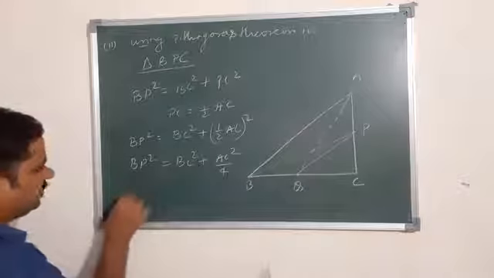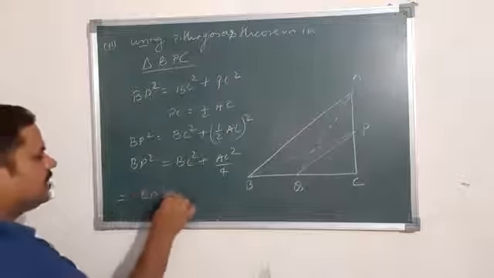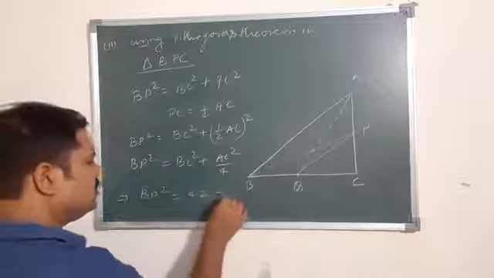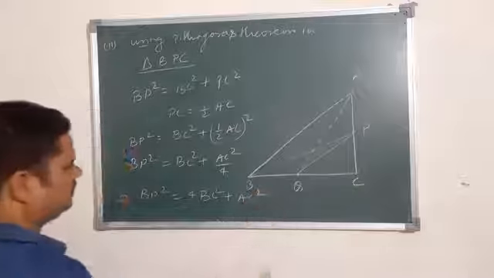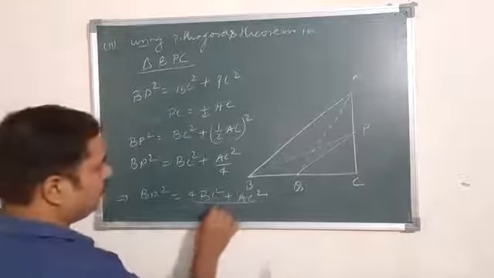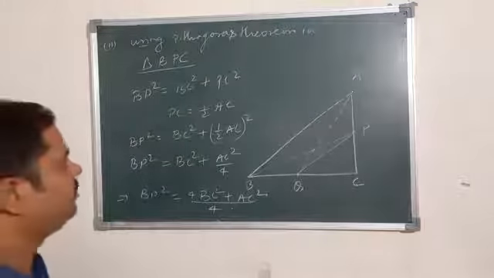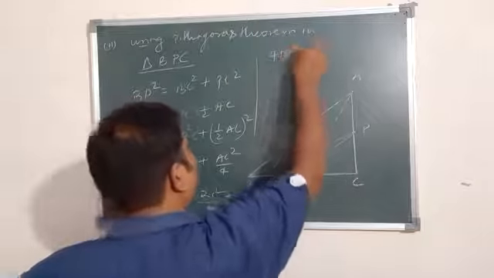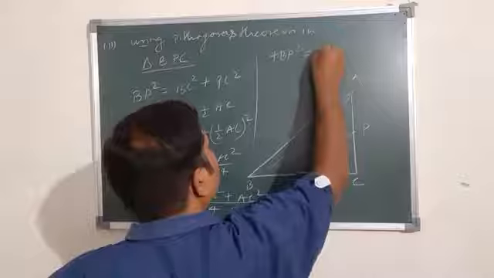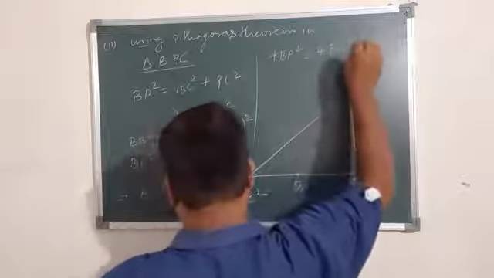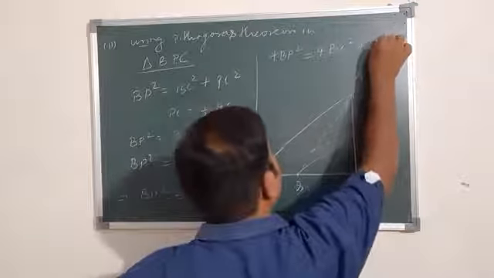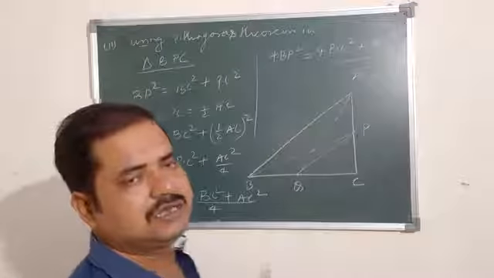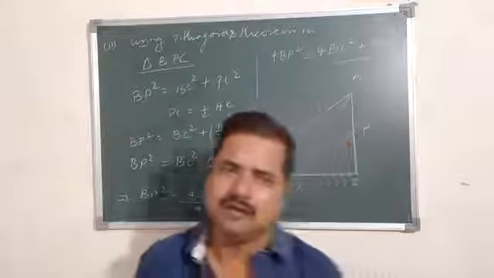So BP square is equal to 4BC square plus AC square divided by 4. Now multiply by 4, and we will get 4BP square is equal to 4BC square plus AC square. This is your equation number 2, and the first result is equation number 1.